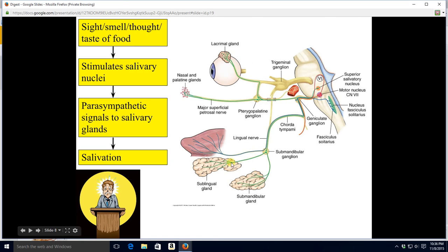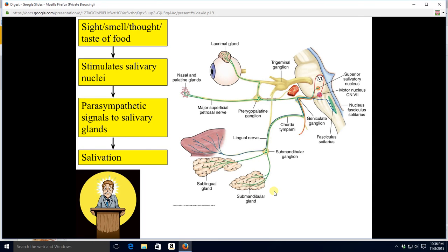All of those end up stimulating your salivary nuclei, which are in your pons. And then your salivary nuclei is going to send parasympathetic signals out to your salivary glands. We've got two of them pictured here. And those are going to cause salivation to occur.